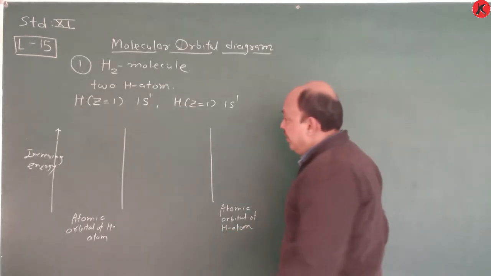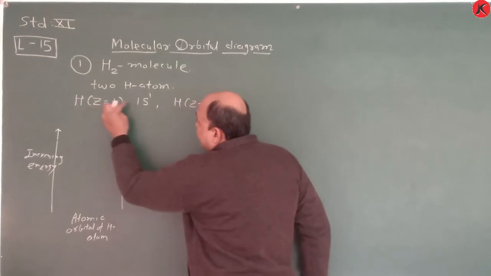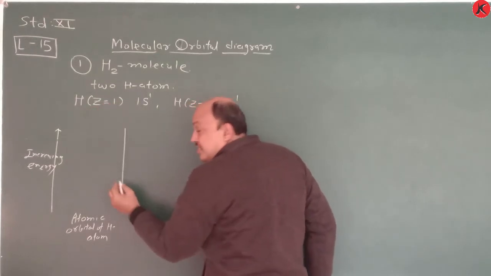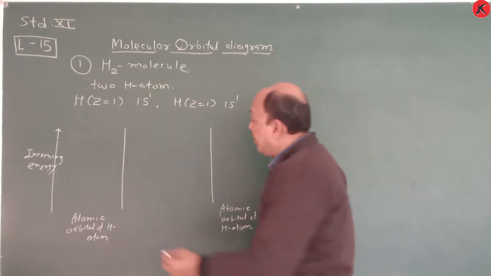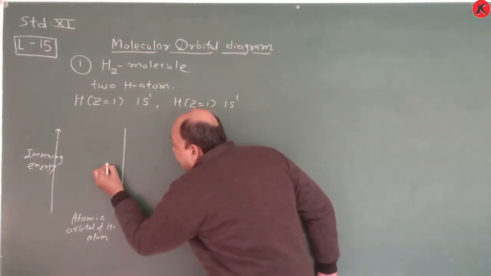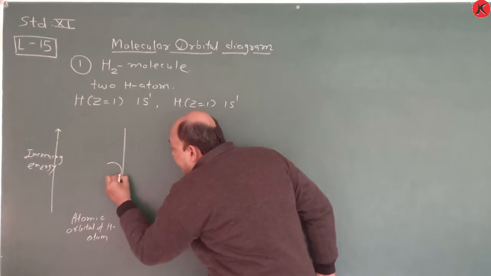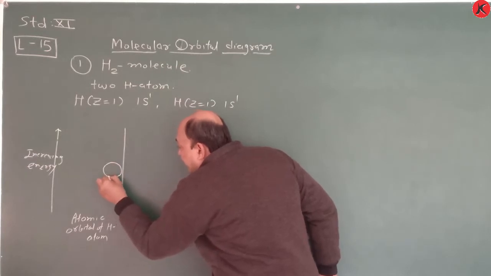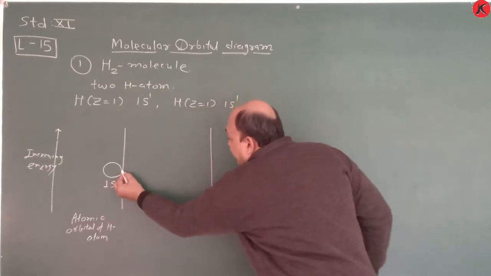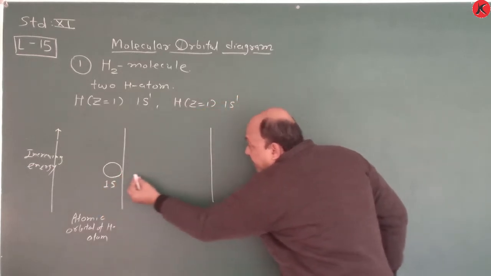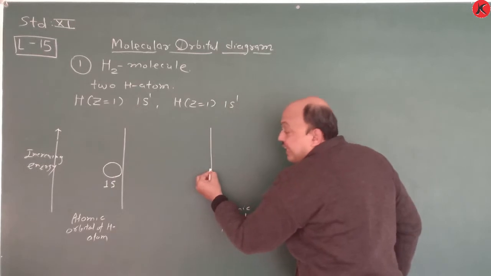Now you have to draw the 1s orbital, like a box or a circle, drawn this way. This is the 1s orbital. Remember, the energy of this 1s orbital remains the same.